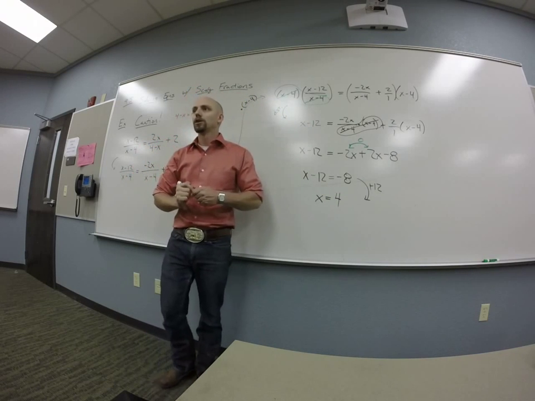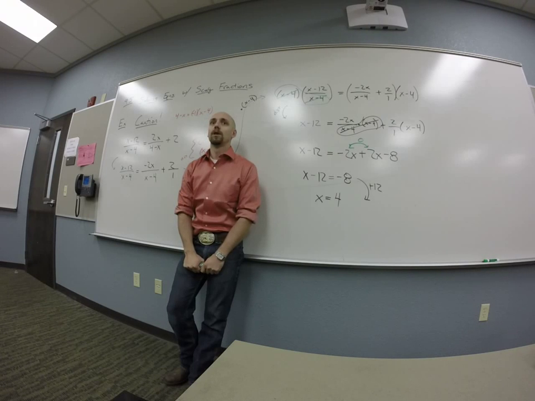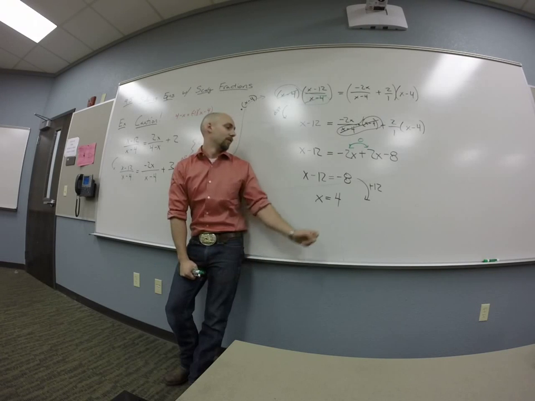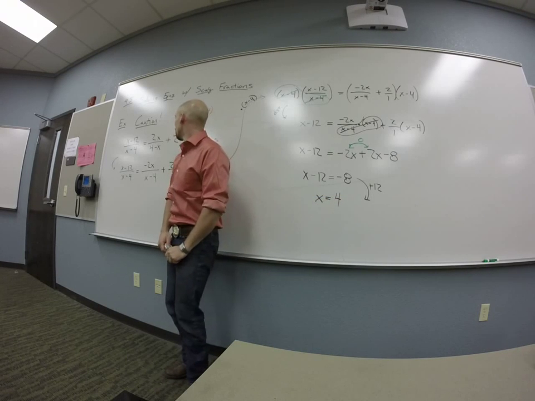Okay, here's the word of caution. Did you check? Did we check before on the other one? Oh, dang it. Probably should have. Be really cautious with these. Why are you being cautious? X is 4, right? That's my solution.